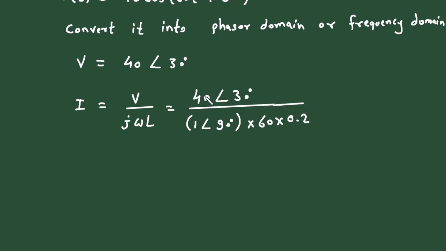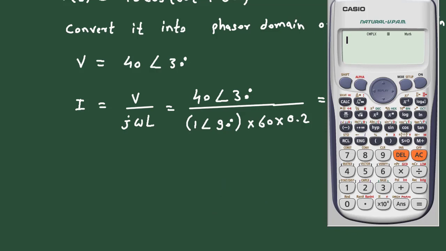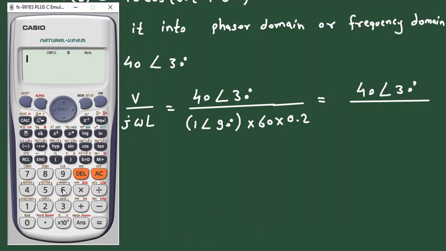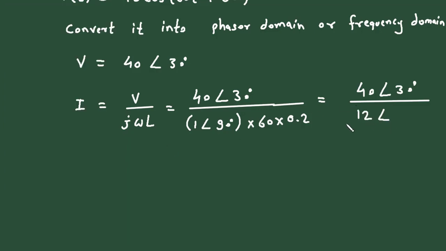Now here this will be 40 at an angle 30 degree divided by 1 into 60 into 0.2. So it is 12 at an angle 90 degree.